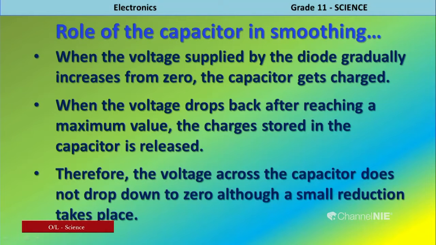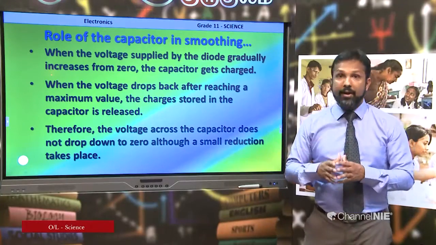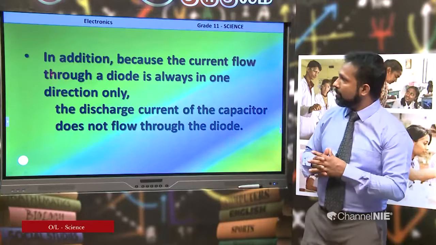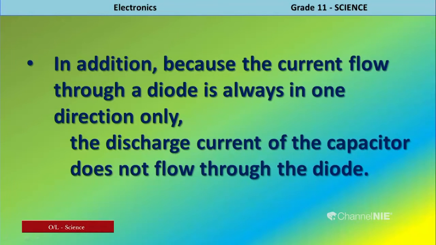Therefore, the voltage across the capacitor does not drop down to 0, although a small reduction takes place. In addition, because the current flow through a diode is always in one direction only, the discharge current of the capacitor does not flow through the diode.